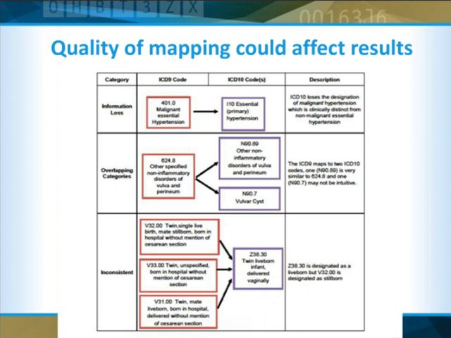V32.00 is twin, single live birth. That's the primary purpose of the diagnosis. But if you just take the GEMS file without any analysis, that actually maps forward to Z38.30, twin live birth, infant delivered vaginally. And so when you're doing these reports, you need to be careful about what you're mapping, because you don't want more kids or fewer kids than were actually delivered when you're trying to run the reports.